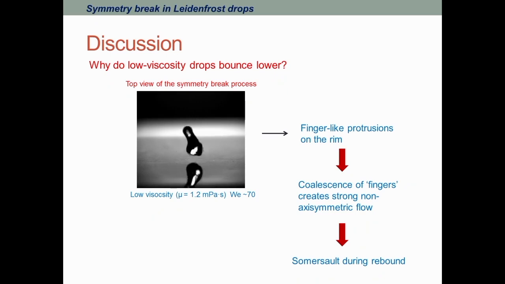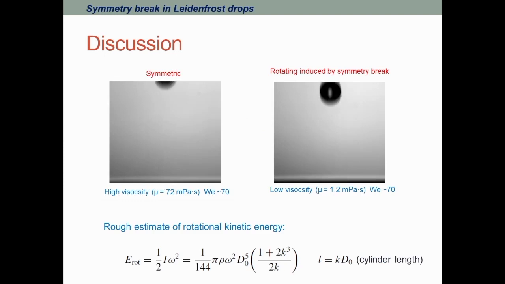As you can see, at the maximum spreading, there are some finger-like protrusions on the ring, and when it retracts, these fingers start to coalesce, and they create a very strong azimuthal asymmetric flow, which induces a non-uniform mass distribution, and finally causes the drops to somersault during rebound.